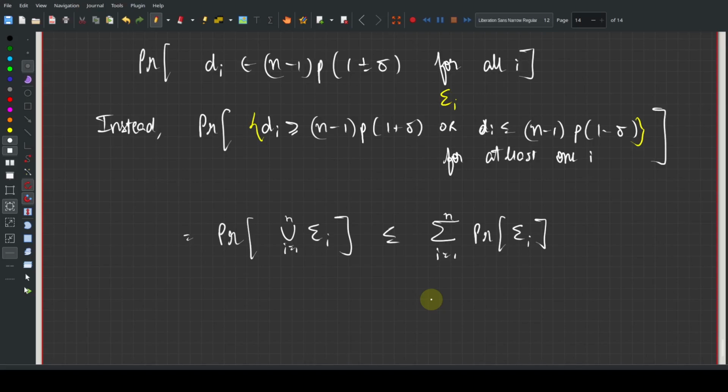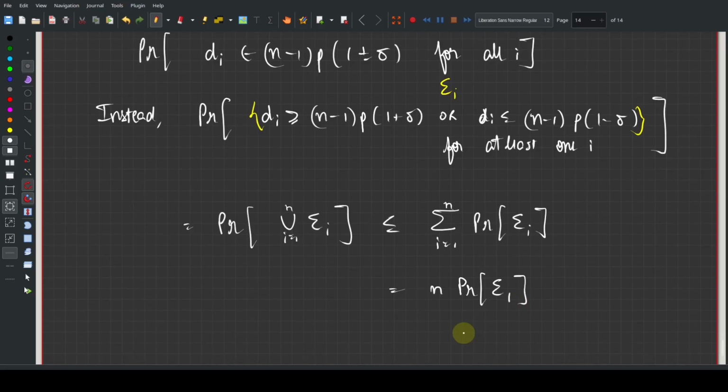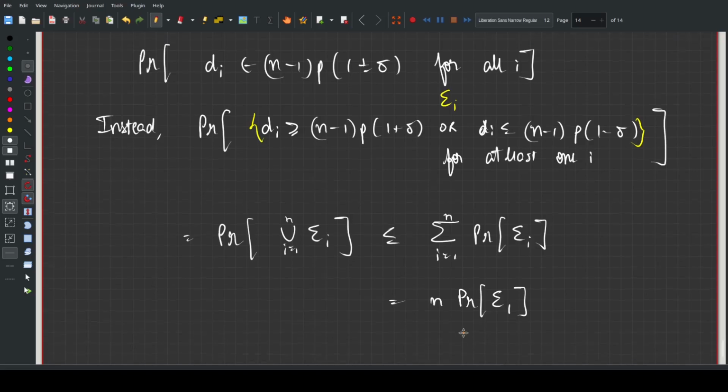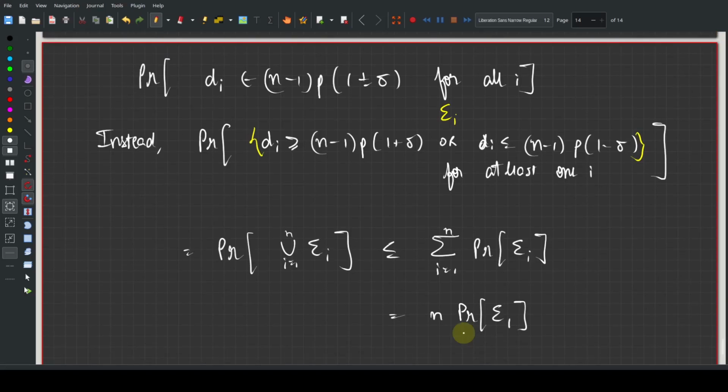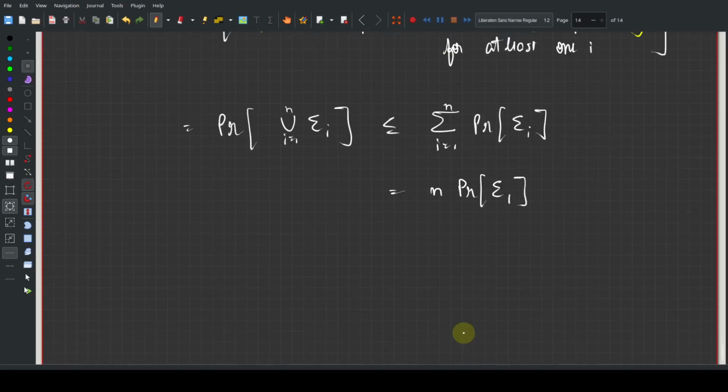It's symmetric, so they're identically distributed. So this is equal to n times the probability of any one E_i, let's say E_1. But what about E_1? We have a union there.